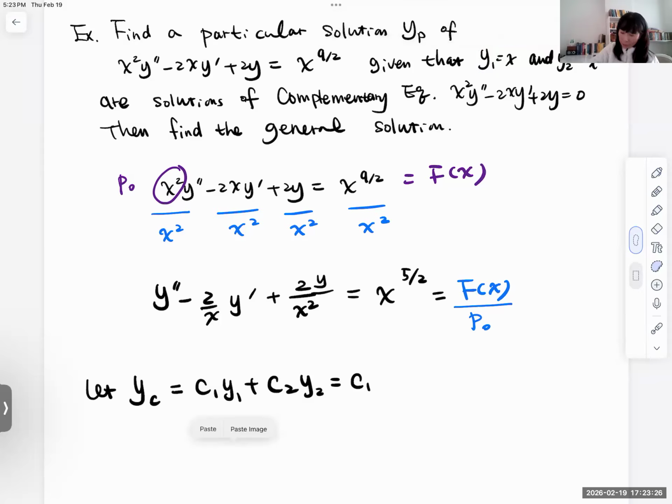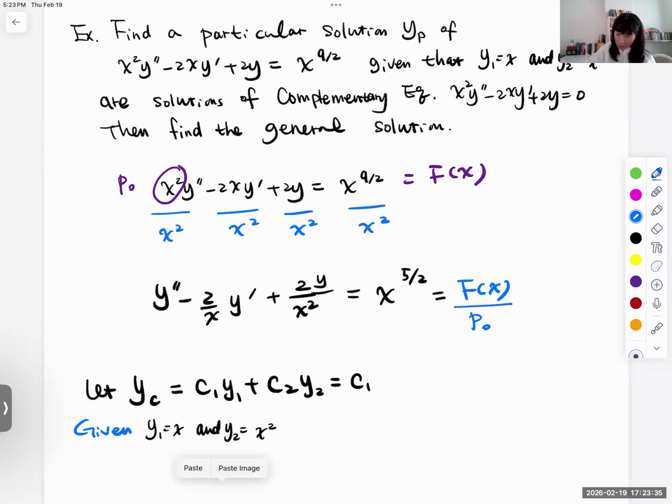Given, so we have x plus c sub 2 y sub 2, x squared, right?